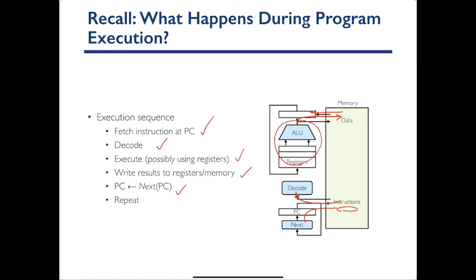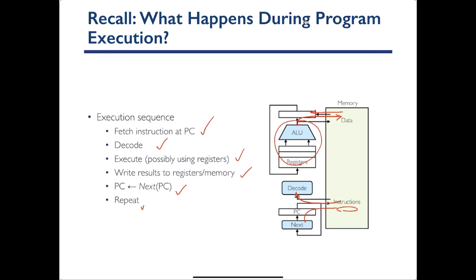So you look at the next PC. That next PC might be the next instruction, or it might be jumping to somewhere else in the code. Maybe it's a function call, or maybe it's a for loop. You have to go back to the beginning of the loop, for example, and then you repeat. So what does this mean?